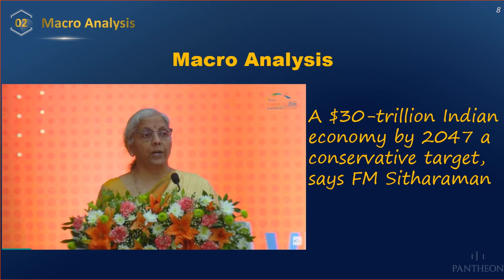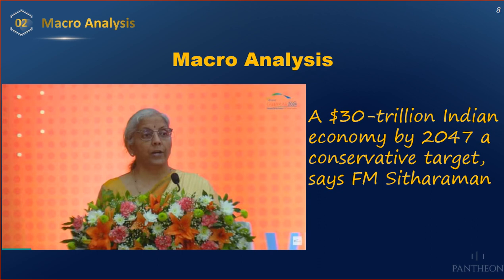The Indian Finance Minister Nirmala Sitharaman stated that achieving a 30 trillion dollar economy for India by 2047 is a conservative estimate. And she believed that the state of Gujarat is a key driver of growth in India's path to become a developed nation. By 2027 to 2028, I believe we will definitely achieve the respected Prime Minister's confidently mentioned third major economic milestone.